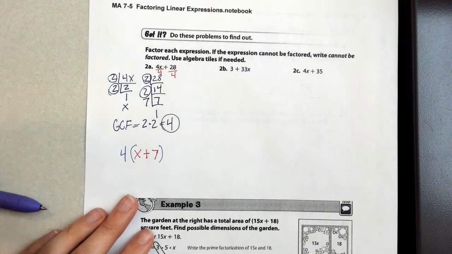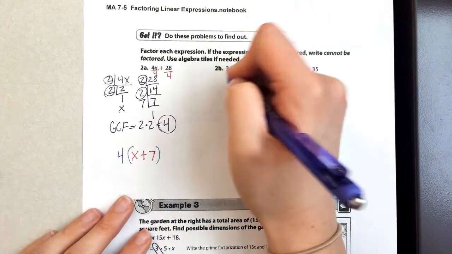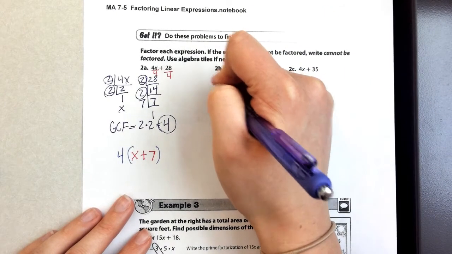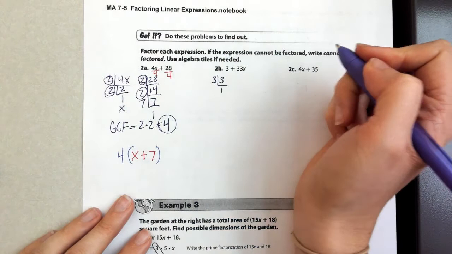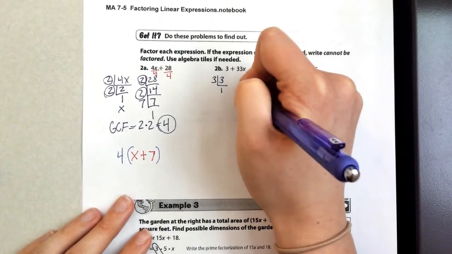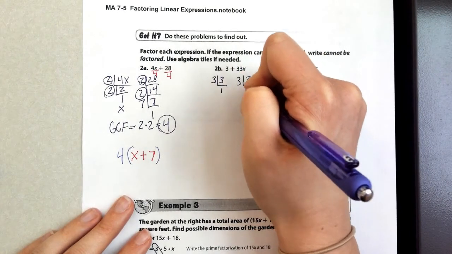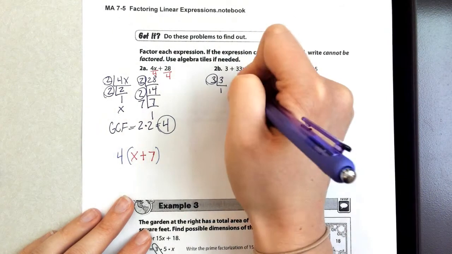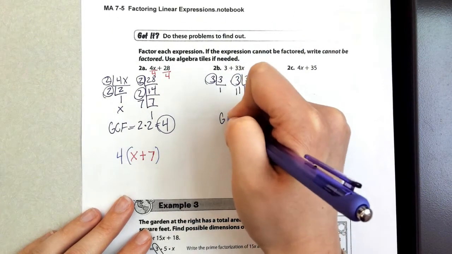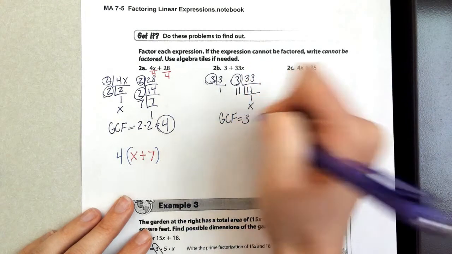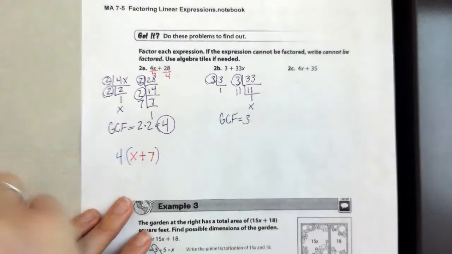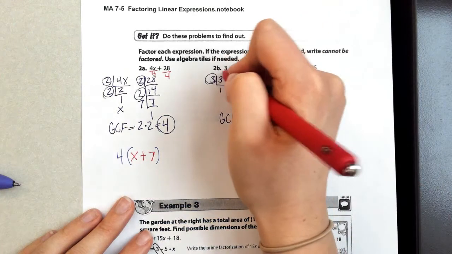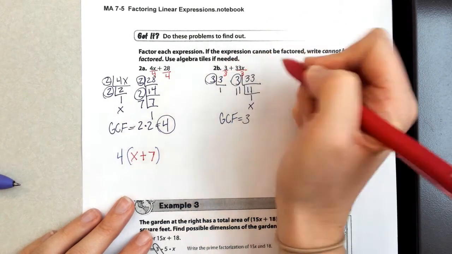The next one. So again, 3, my GCF, I do my upside down birthday cake, it's a 3 and a 1. 33 is 3, 11, 1, x. This one only has a 3 in common, so my GCF is 3. So that means I go through and divide by 3 on both parts.